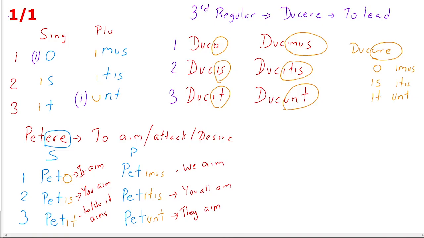So having seen this, we can now take a look at some of the vocabulary of verbs that belong to the third regular conjugation.